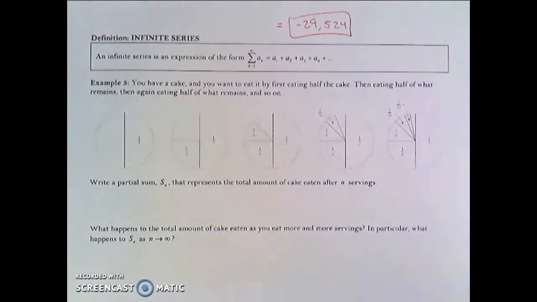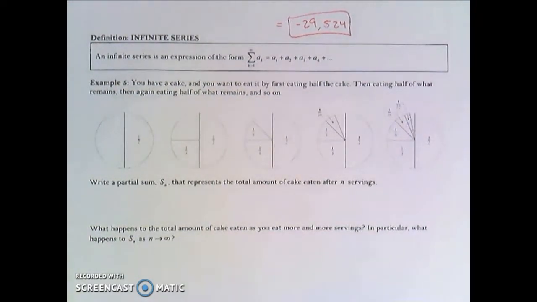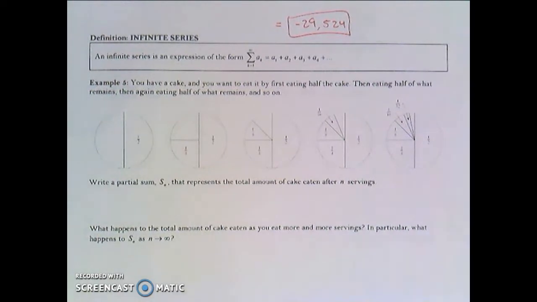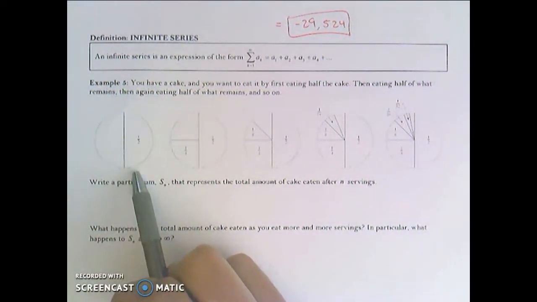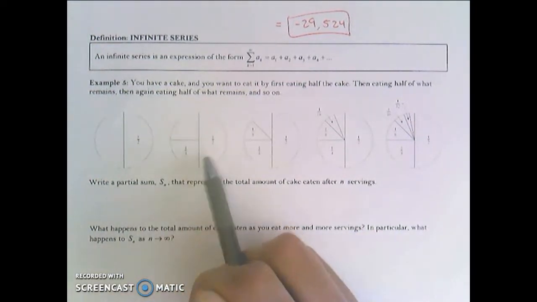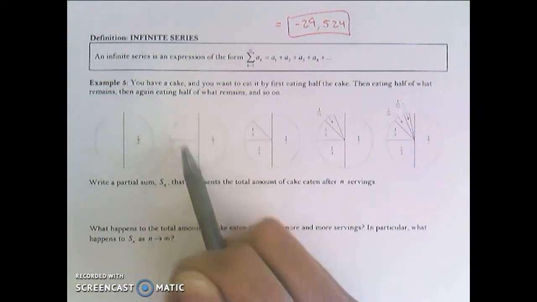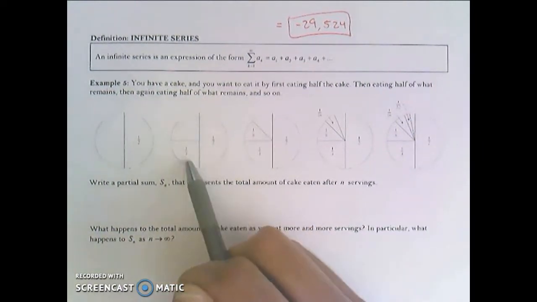So suppose you're given a cake and you want to eat it by first eating half of the cake, then eating half of what remains, and then again by eating half of what remains, and so on and so on. So after the first serving, you've eaten half of the cake. After the second serving, you've eaten a half, and then half of what remains, that other half, so a fourth. So you've eaten a half and a fourth.